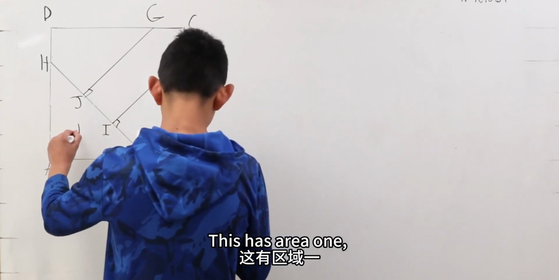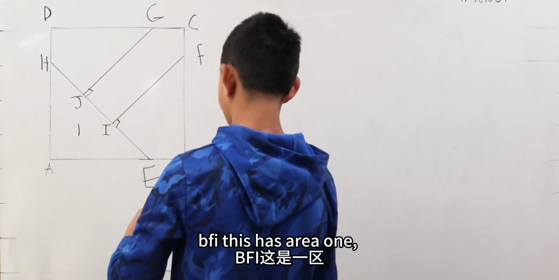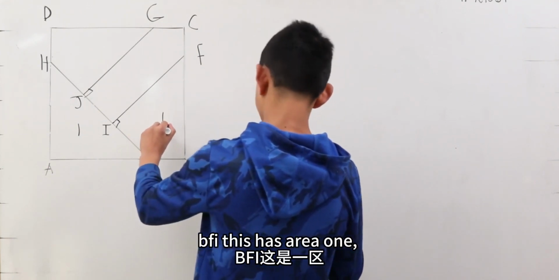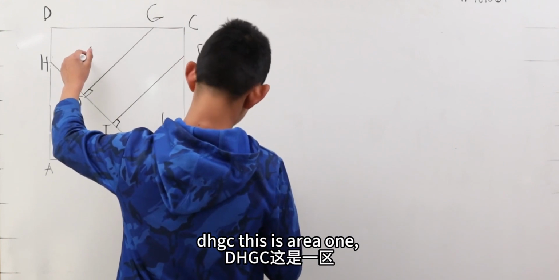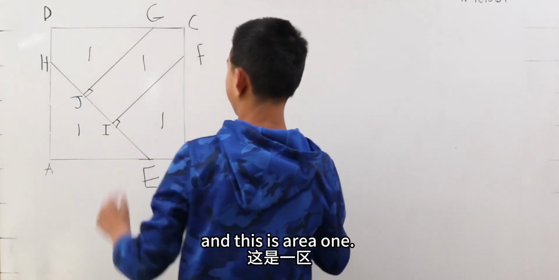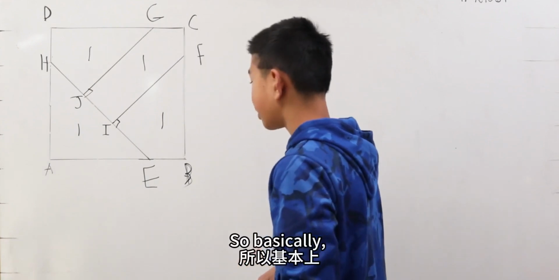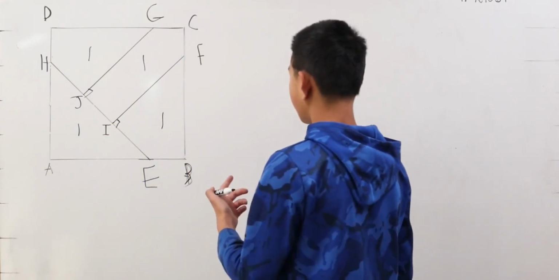This has area 1, this has area 1, this has area 1, and this has area 1.